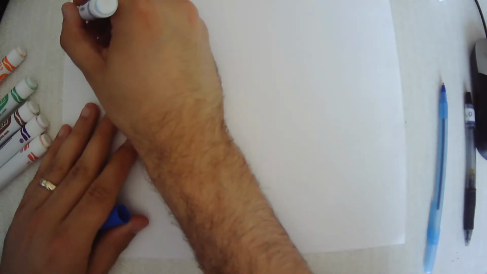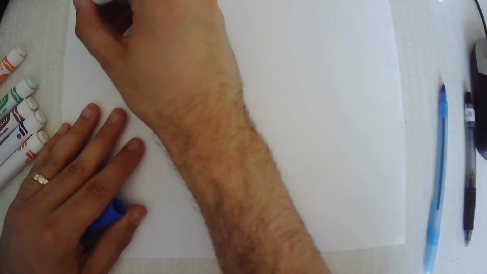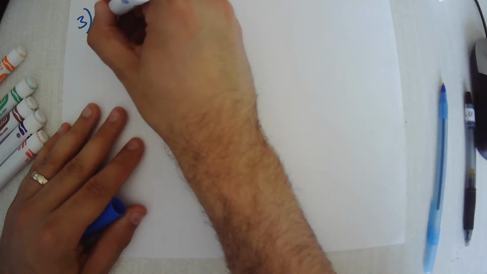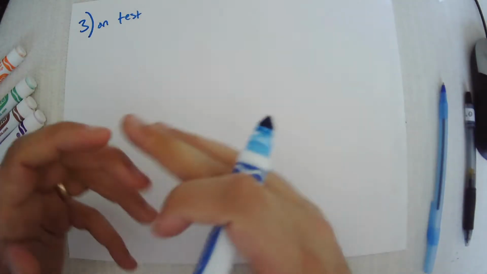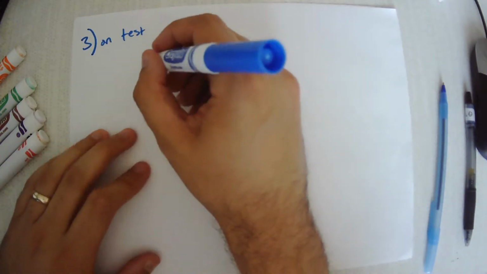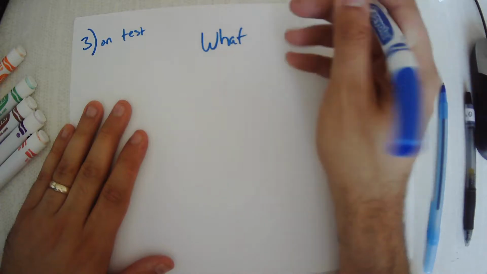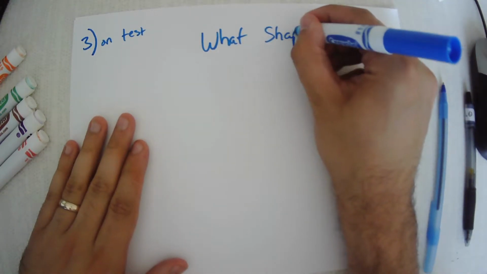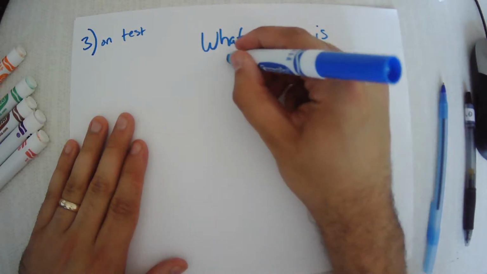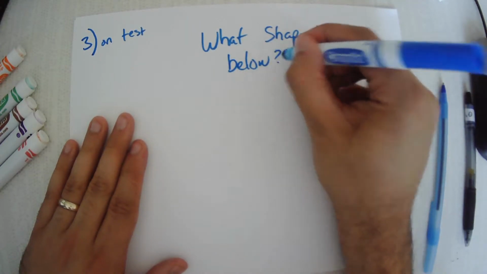Okay. Let us jump to a problem. I want to do number 3 on your test. So this is number 3 on the test, if you want to follow along. I'm not really going in section by section because this one especially, they all kind of mix together, and this question digs into all those sections at once. So what shape is below?